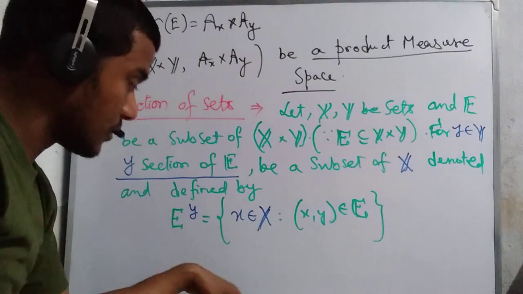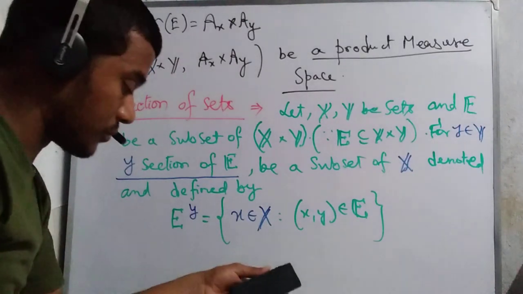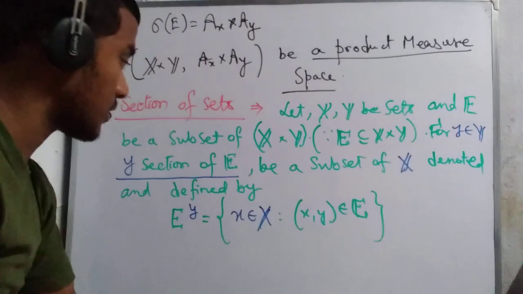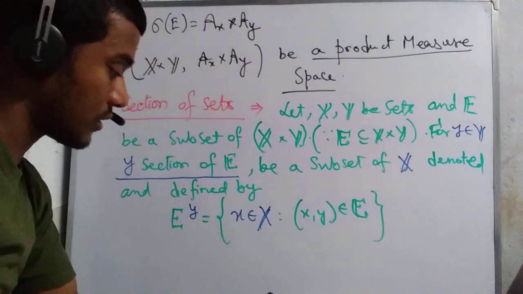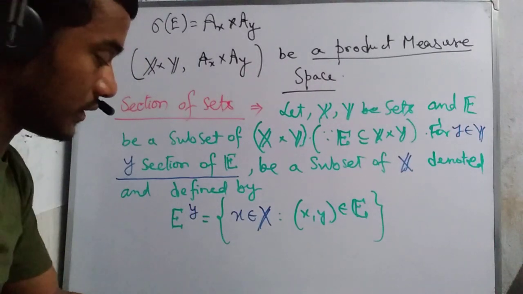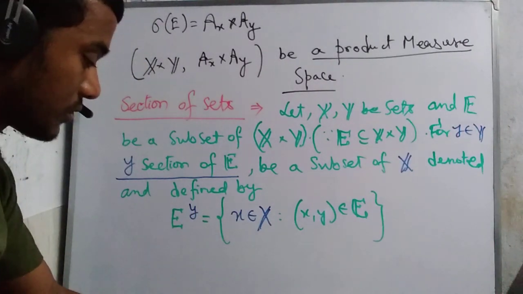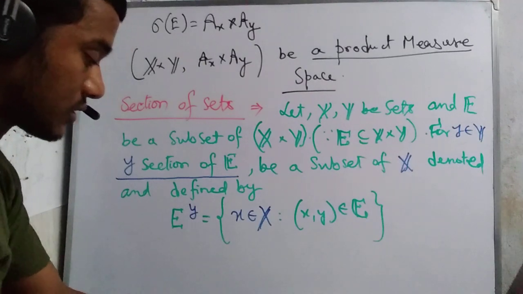Next we talk about some propositions. We erase that portion and go on to the discussion of some propositions. The x section of E and the y section of E we also discuss today.